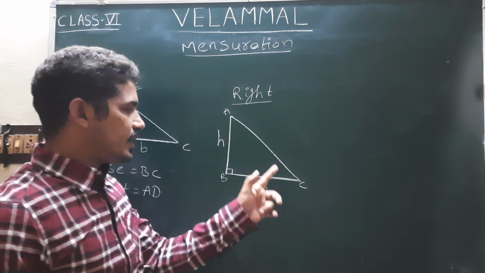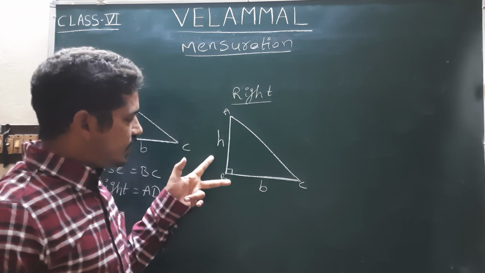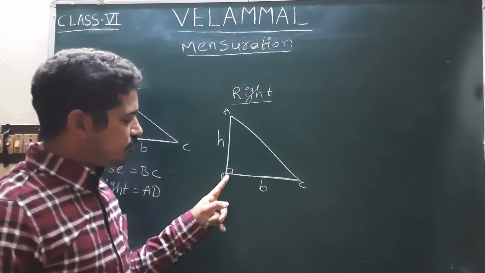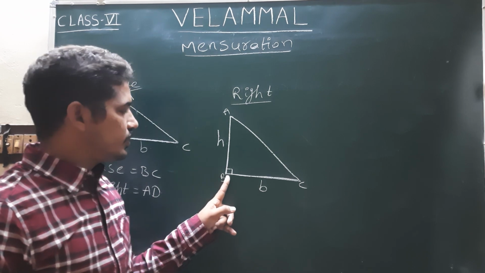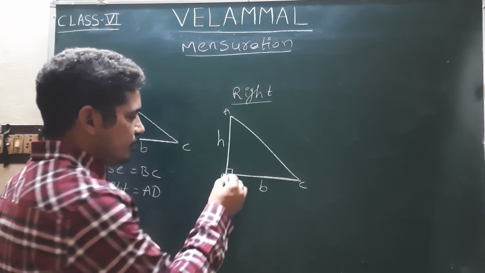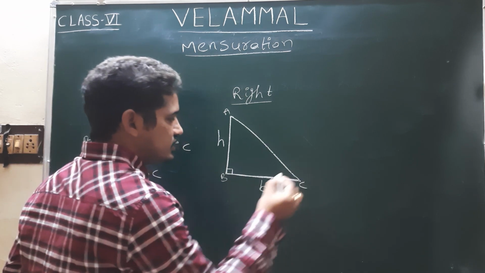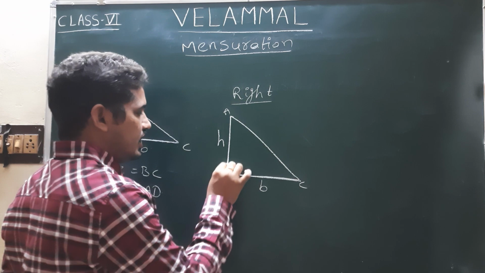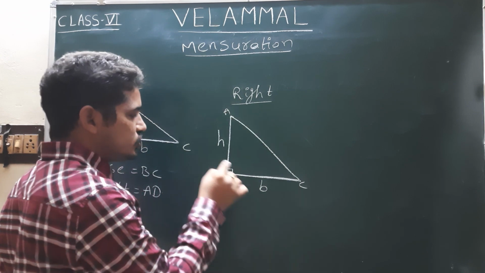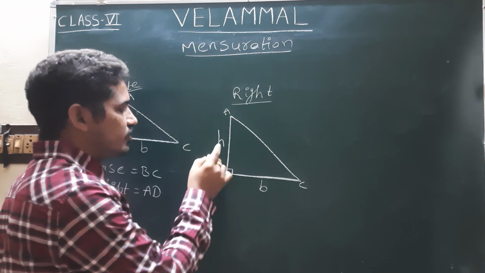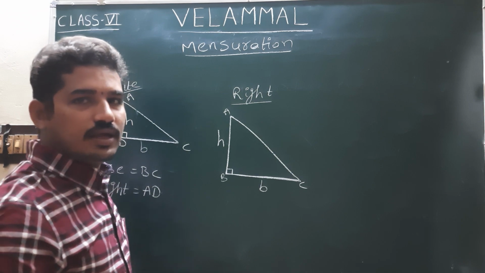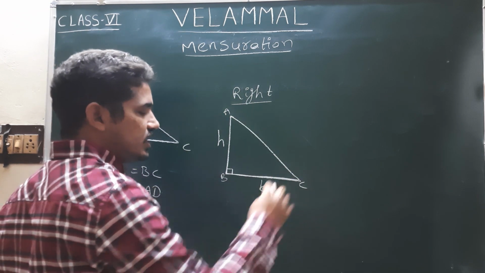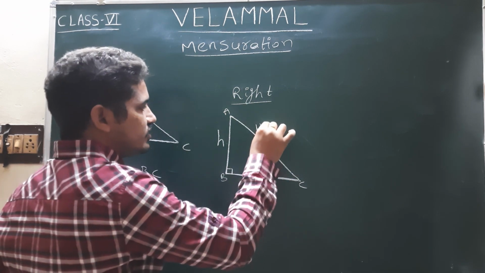So in the right angled triangle, the right angle is forming at vertex B. So from vertex B we get the line segments BC and AB. These two are called one the base and one the height. And this one, AC, we will call the hypotenuse of the triangle.